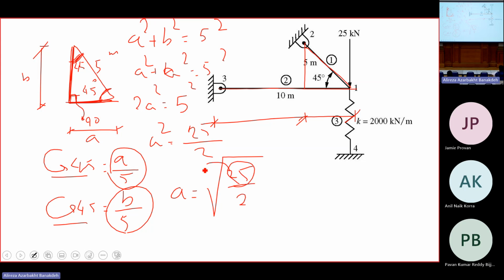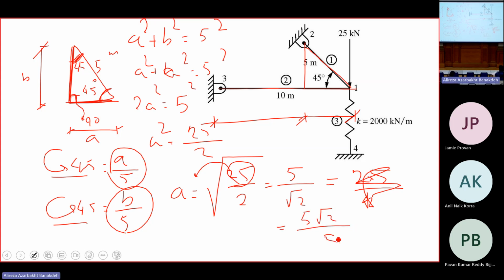The 25 can get out of here. It will be 5 divided by square root of 2, or 5 square root of 2 divided by 2.